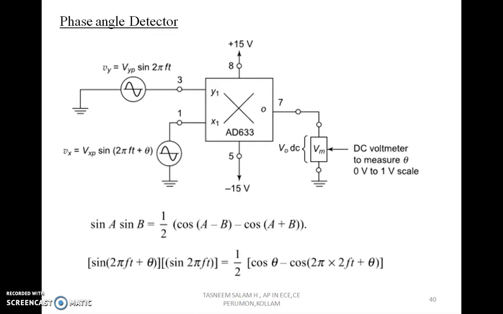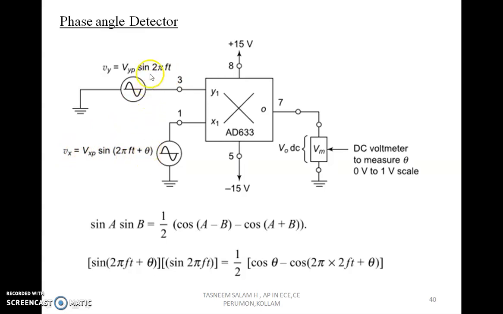And coming to the last application, the phase angle detector. This is much similar. Here we can see the multiplier IC connected to two different inputs. Vy is equal to Vyp sine 2 pi ft and Vx is equal to Vxp sine 2 pi ft plus theta.